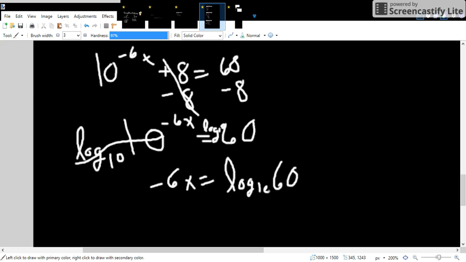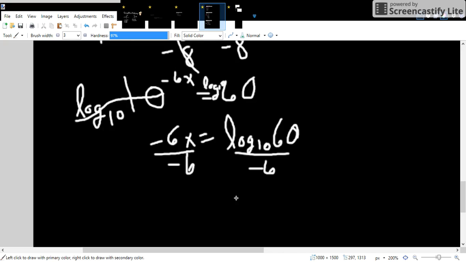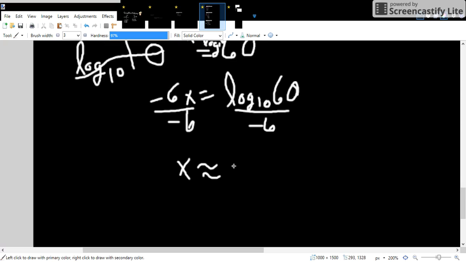If you're using something other than a TI Inspire, if you just put log, it's automatically going to assume that it's a 10. So you're going to divide both sides by negative 6 to get rid of that. If you put that in the calculator, put in log 60, close parentheses, divided by negative 6, you get approximately negative 0.296.